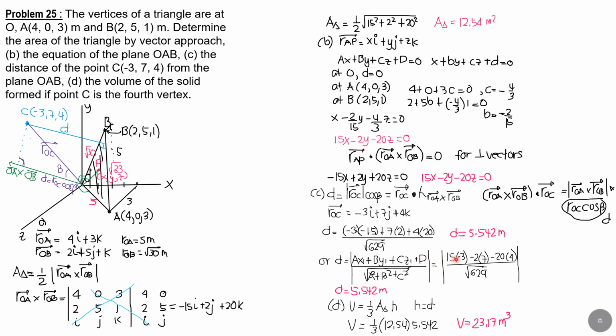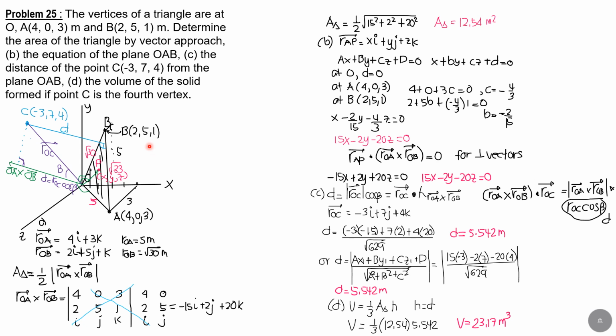So 15 times negative 3 plus negative 2 times 7 minus 20 times 4, divided by the square root of 629. And take note that d is 0. So the answer is still the same, 5.542 meters.